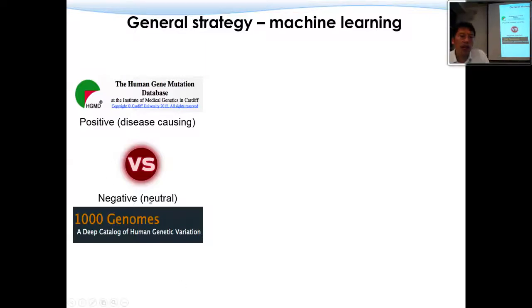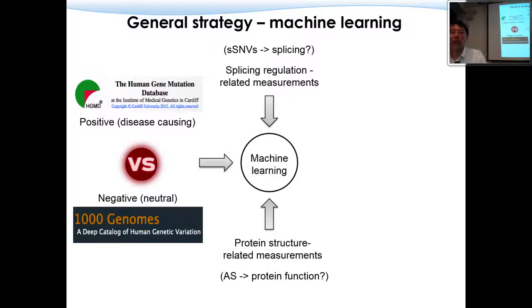Then we also take a bunch of negative ones, which come from the 1,000 Genomes data. We know that they are not important, since they come from healthy individuals. So we evaluate these two types of SNPs. We want to see what distinguishes them, what makes them different.